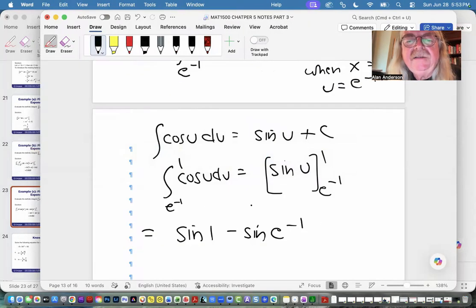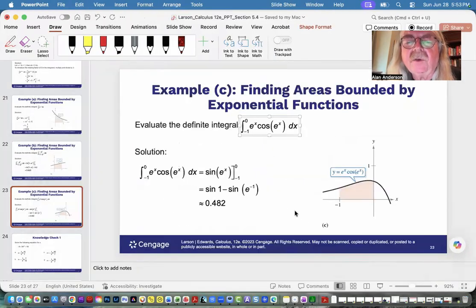Okay. And according to this, they went ahead and calculated it for us. This is approximately 4.482.